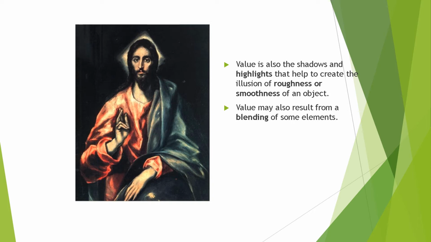Of course, you can also see another form of value, let's go back, in his hand. You see the roundness, or the 3D effect, or spatial movement, or value in his hand because of, of course, the value itself. Value may also result from blending some elements.